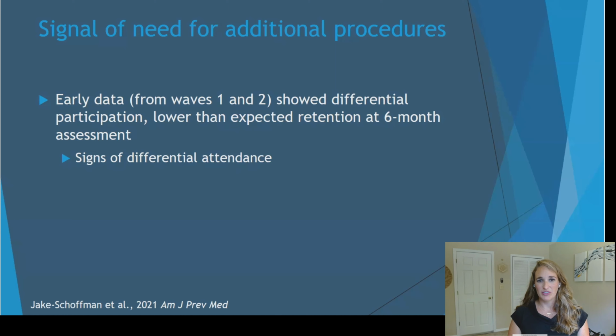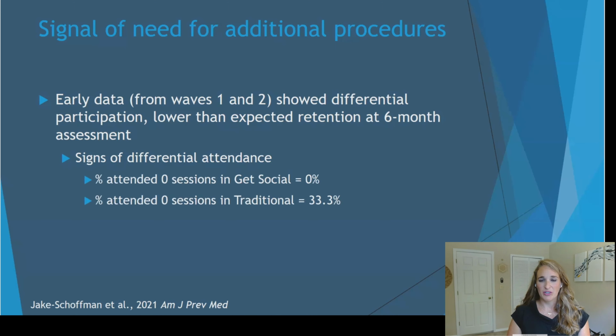So in terms of the differential attendance, we found that for Get Social, which was the Twitter-delivered condition, 100% of people went to at least one session, but a third of people who were assigned to the in-person condition came to 0 sessions.